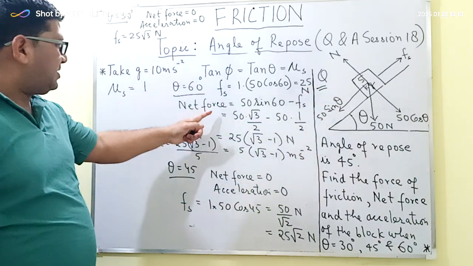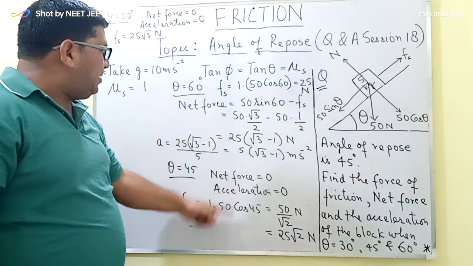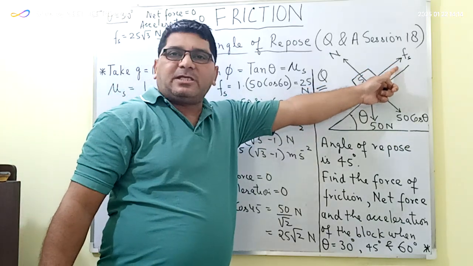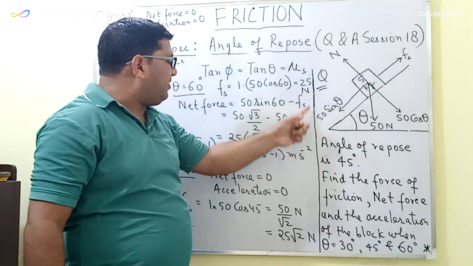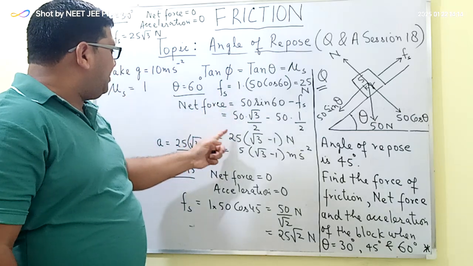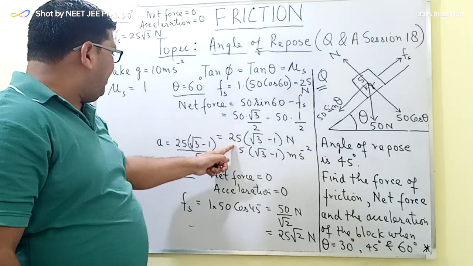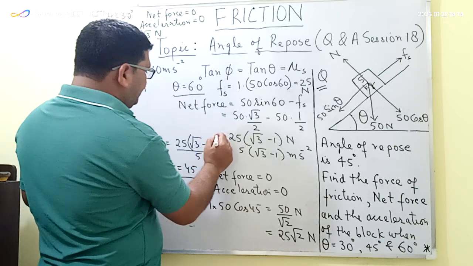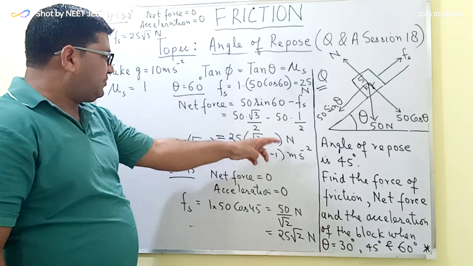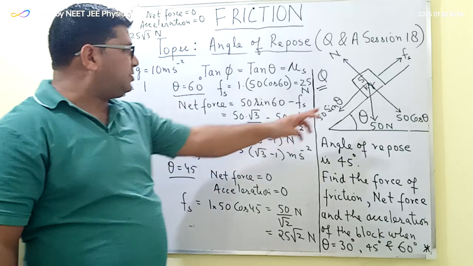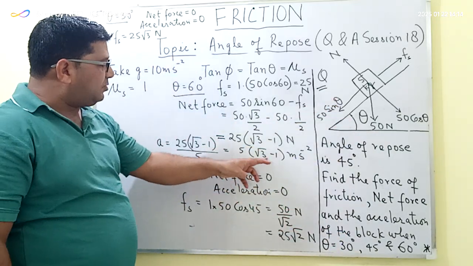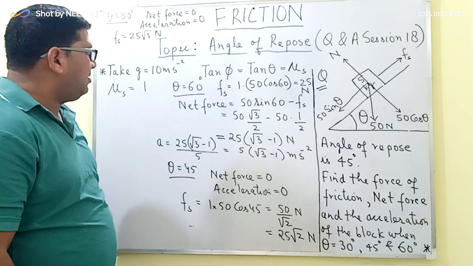So the force of friction will be equal to 25 newtons, and it will be acting in the upward direction as indicated by this arrow, when theta is equal to 60 degree. The net force will be equal to 25 in bracket root 3 minus 1 newtons, and the acceleration of this block when theta is equal to 60 degree will be equal to 5 in bracket root 3 minus 1 meter per second square.